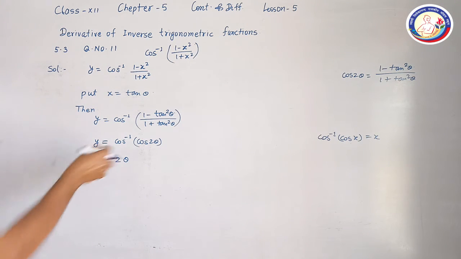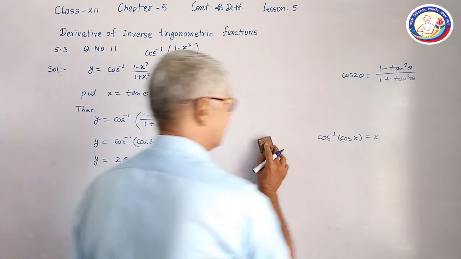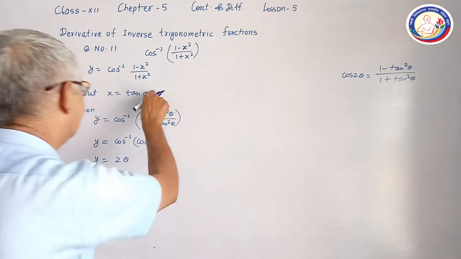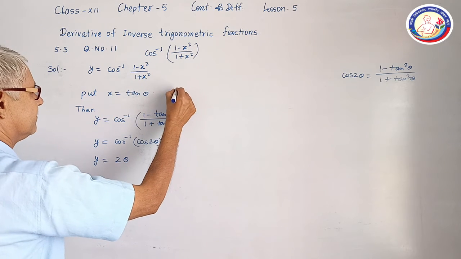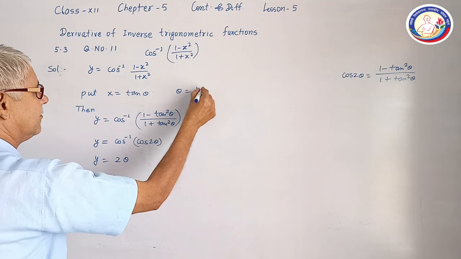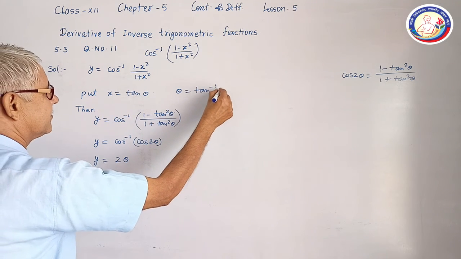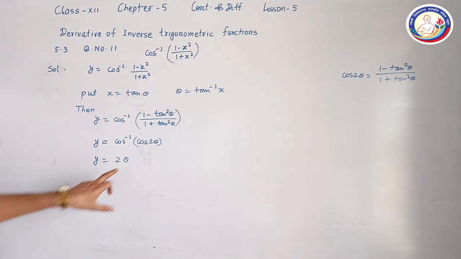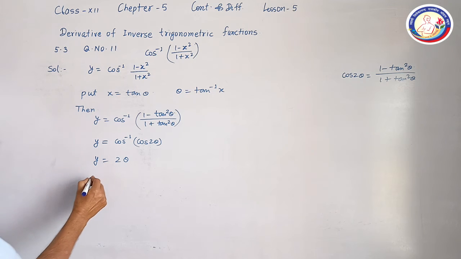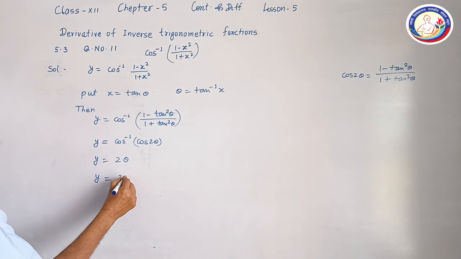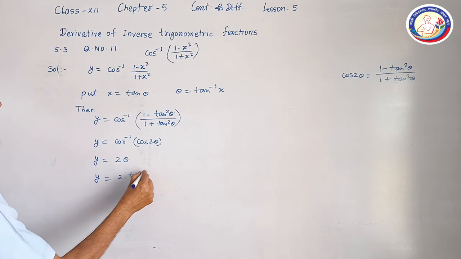Now what is theta here? Tangent inverse x. So we can put here tangent inverse x. So y is equal to 2 into tangent inverse x.